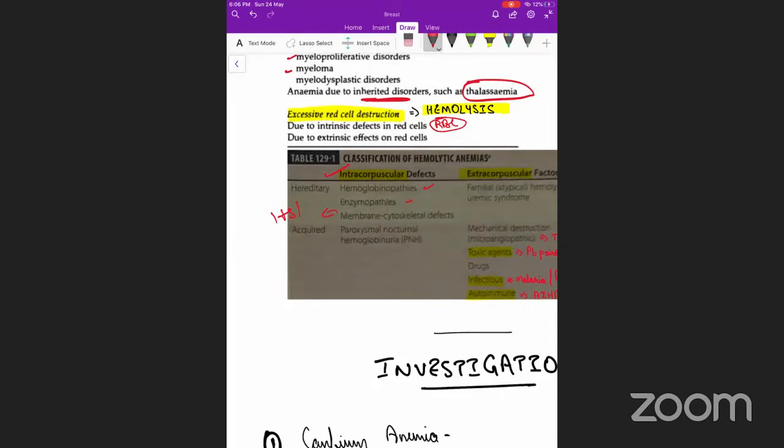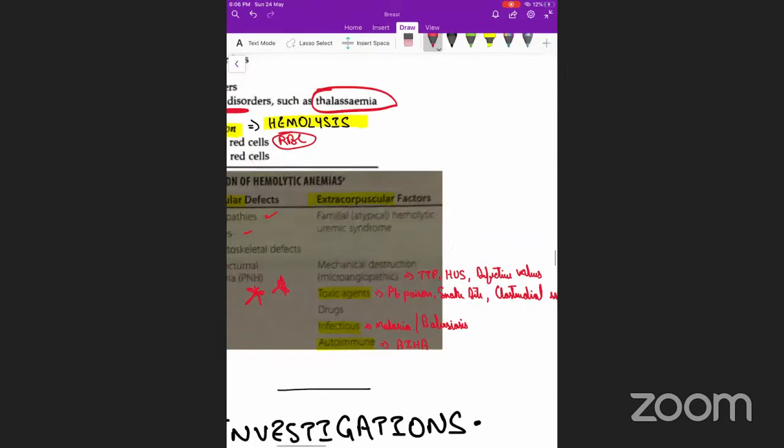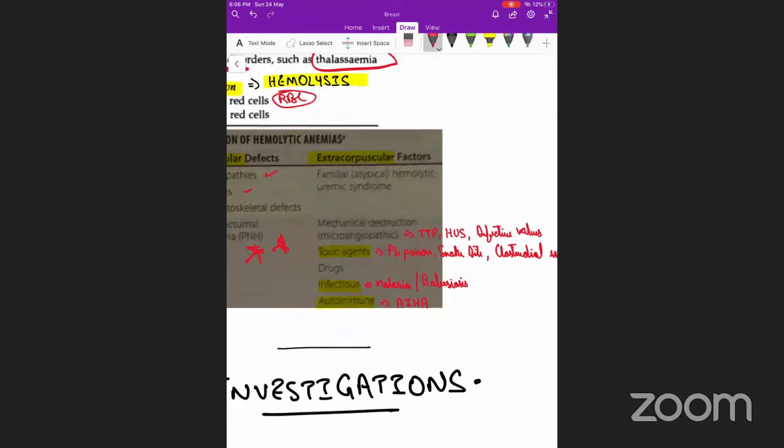Then comes acquired intracorpuscular. Again, this is a very important MCQ. Which of the following is an acquired intracorpuscular defect causing hemolytic anemia? PNH is the answer. Then comes the extracorpuscular cause: thrombotic microangiopathy, HUS or TTP, which you guys already saw.